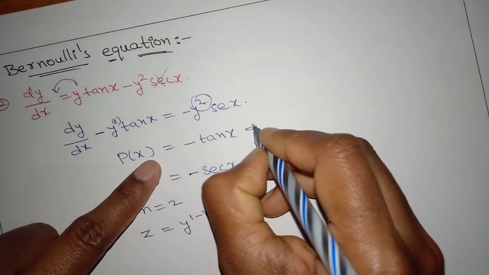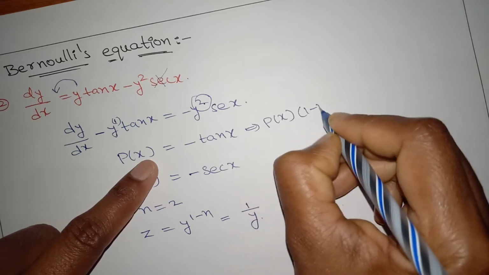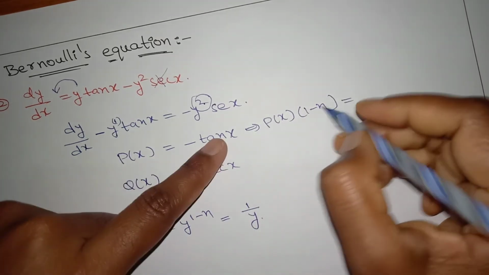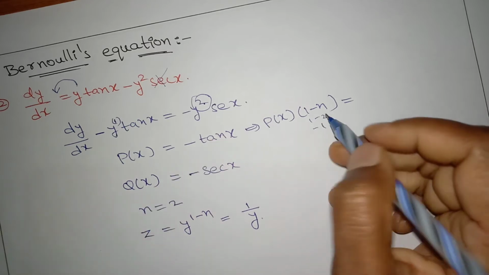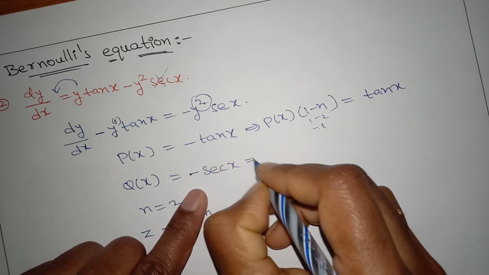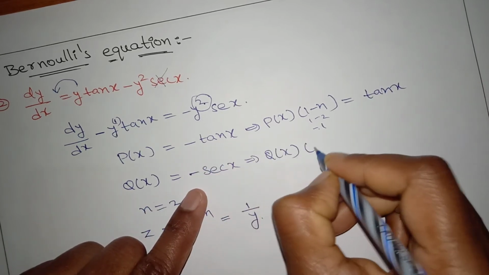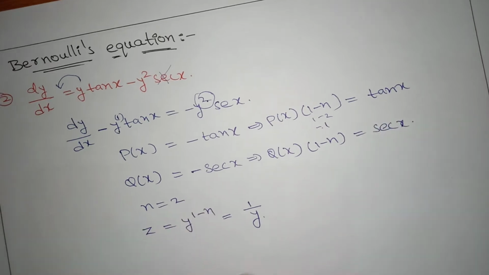So I'm rewriting p of x into 1 minus n: 1 minus 2 is minus 1. So minus minus plus, we have tan x, and q of x into 1 minus n will be secant x.